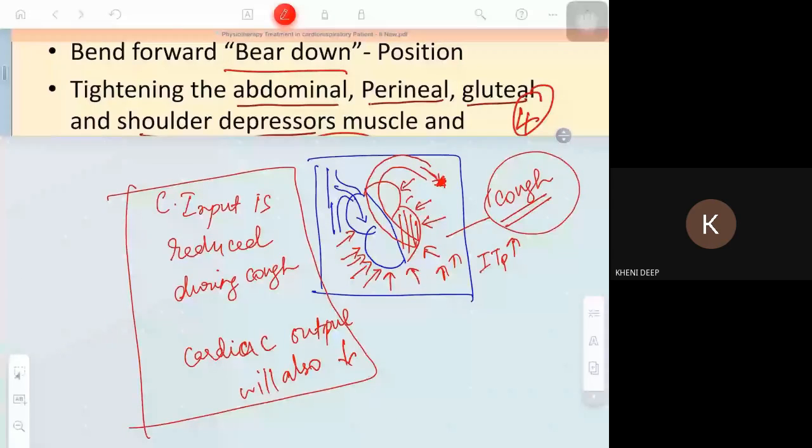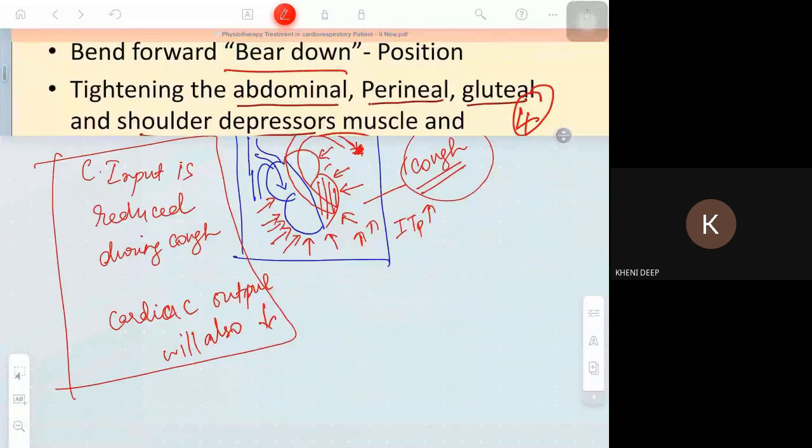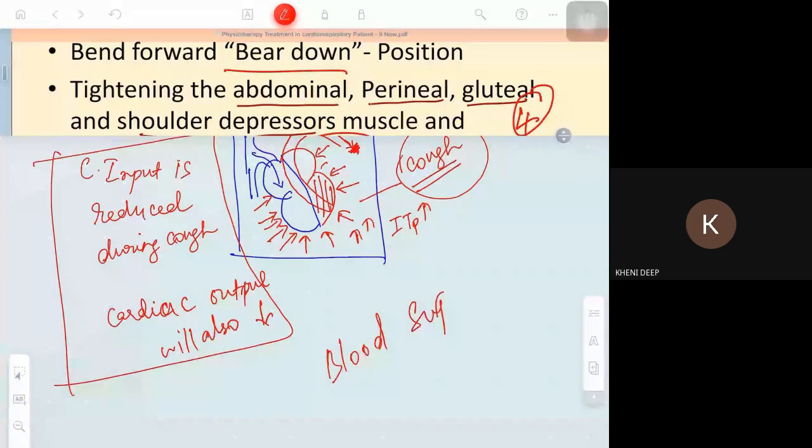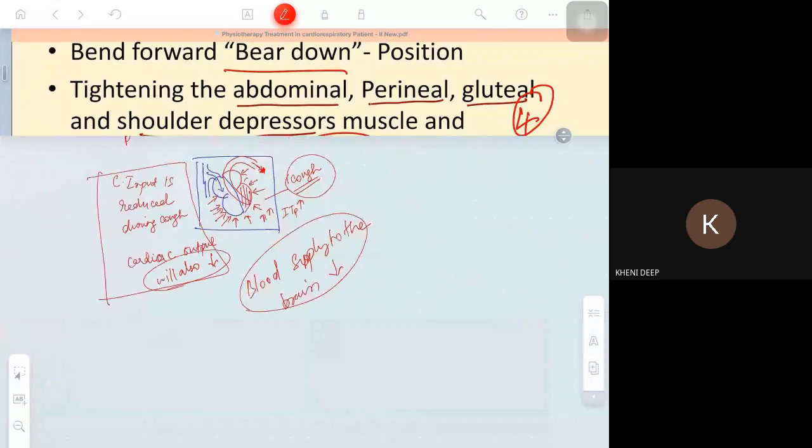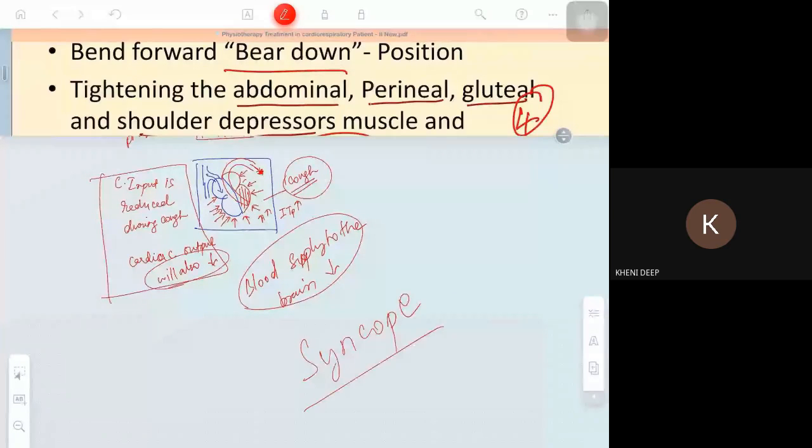If cardiac output is reduced, blood supply to the brain is also reduced, and temporarily the patient will have syncope. What is syncope?